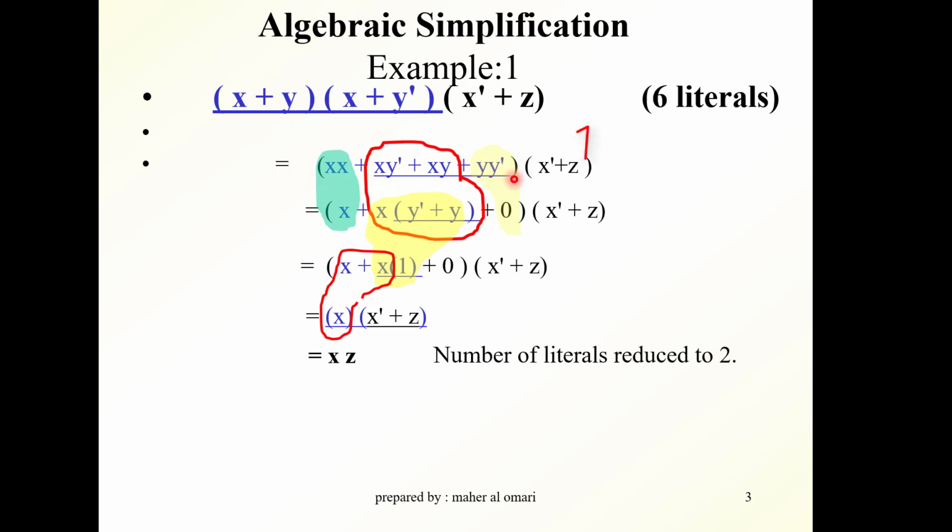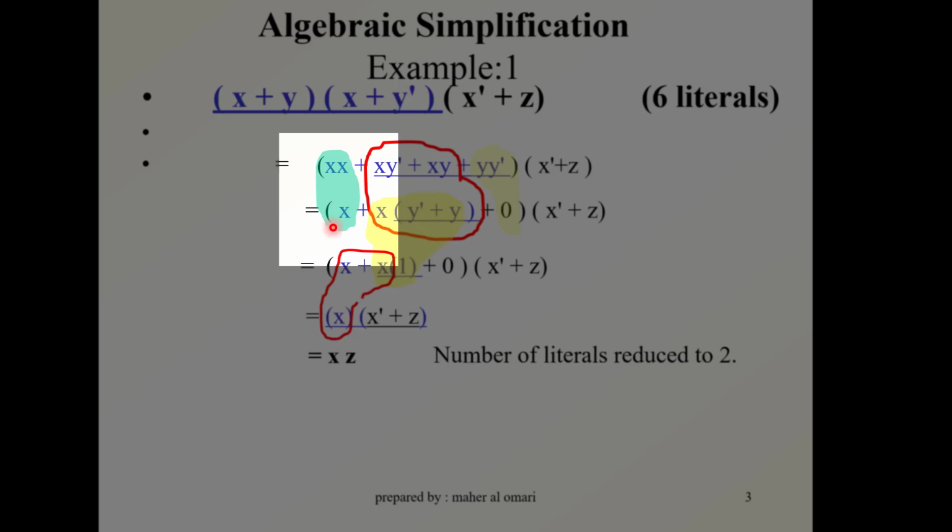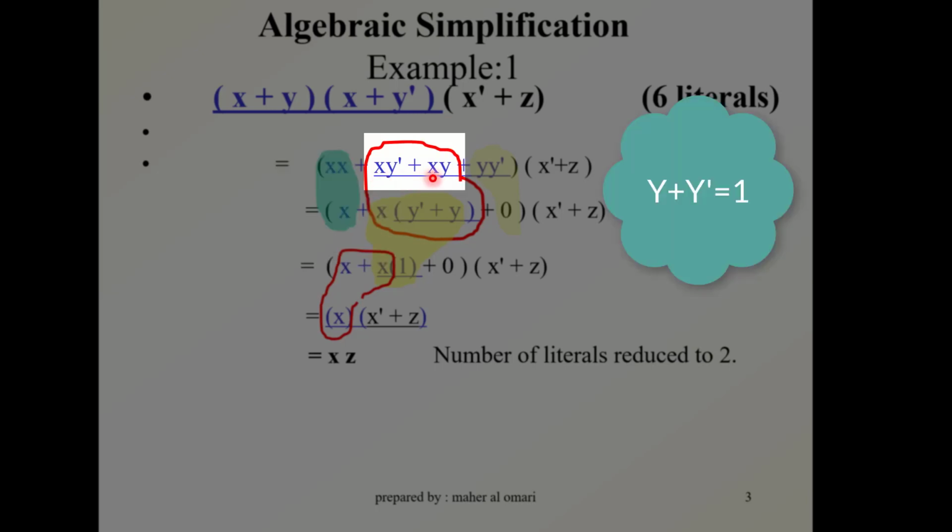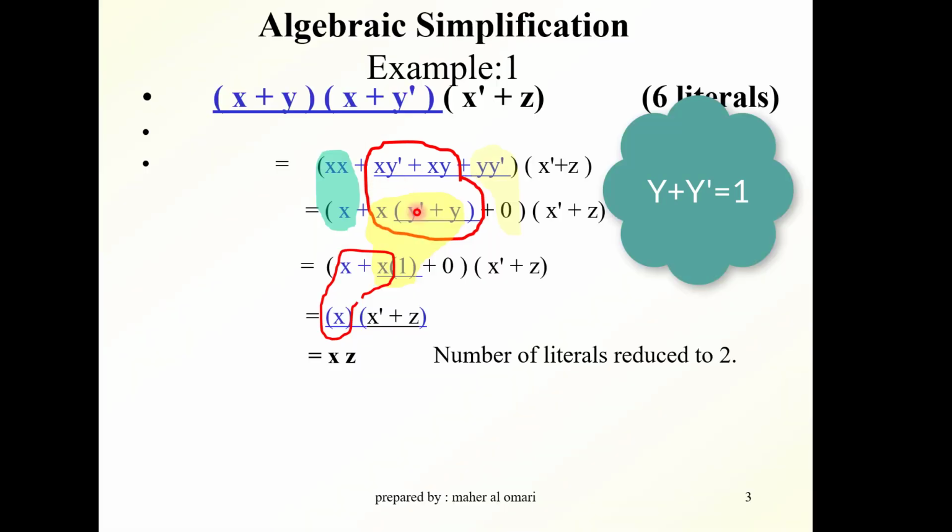And this one goes down the same without any change. Now, X ANDed with X will lead to an X. From these two terms, if we take X out, then we are left with Y bar ORed with Y. And of course, this is equal to 1.